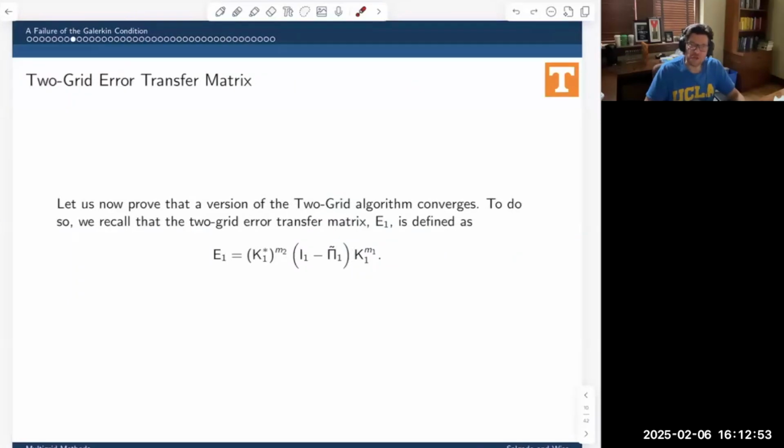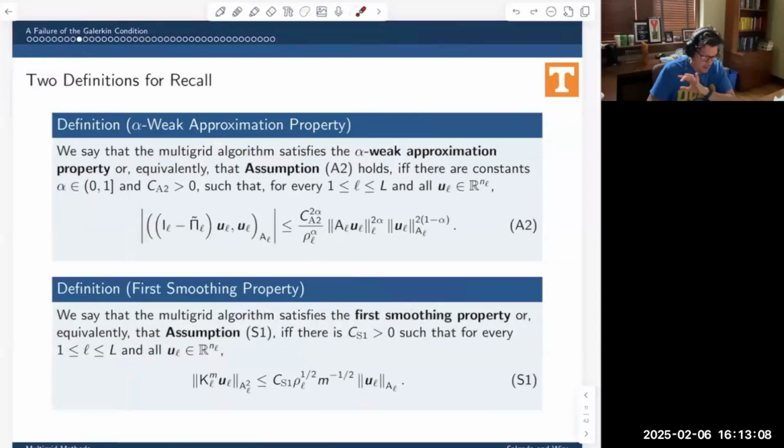Then we went on to show that for the two-grid method, if we have certain conditions holding, even if the Galerkin condition fails, we can still have convergence. The setting in which we're going to prove convergence is in what's called the alpha weak setting.